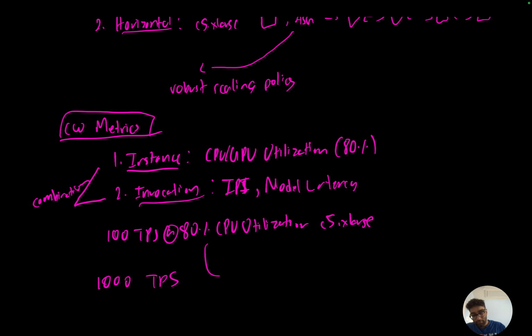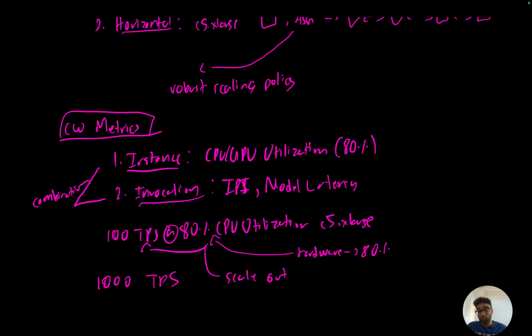We can tell our scaling policy, hey, when we're at 100 transactions per second, ensure that you scale out, because I know that my hardware is going to be really saturated and start being unable to handle any further traffic. Or you could even define it based off the CPU utilization itself. You can say if my hardware ever reaches 80%, then scale out, because I know that my instance is getting saturated. So you can pick whichever metric you're comfortable with.